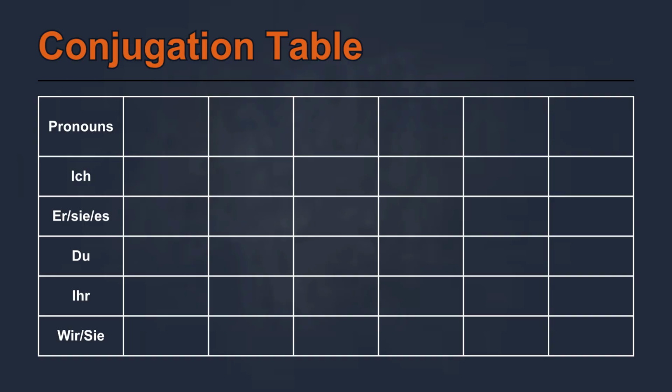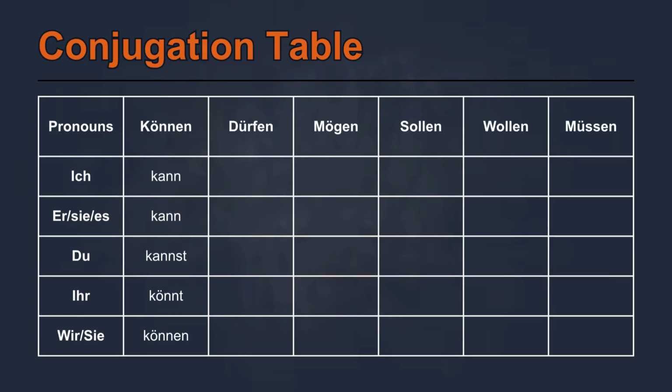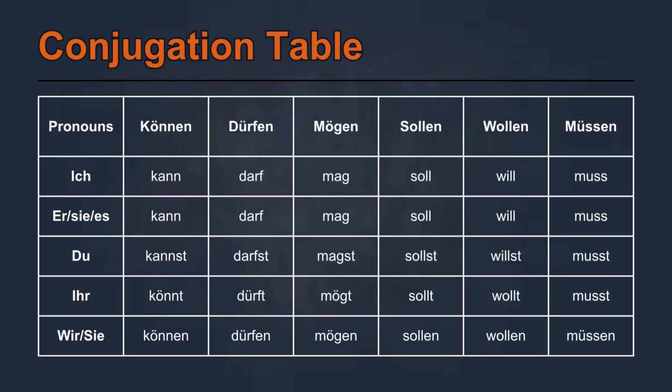Next, we will see the table showing the conjugation of können, dürfen, mögen, sollen, wollen, and müssen with the main pronouns. Ich kann, er sie es kann, du kannst, ihr könnt, wir or formal Sie können. Here is the full conjugation table.